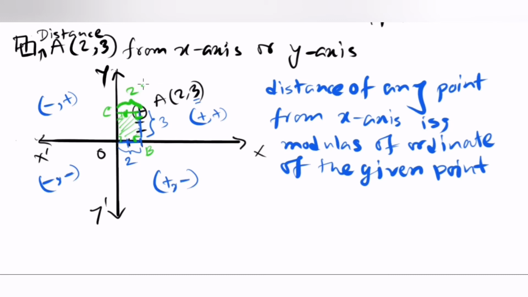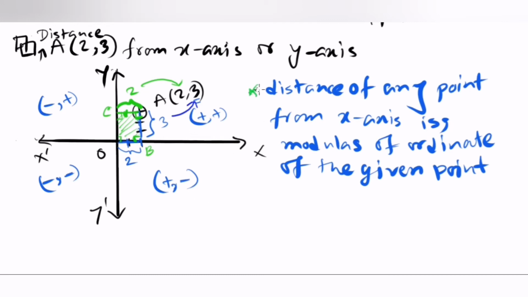And where is 2? 2 is here. So we can say, the same way, the distance of any point from the y-axis is the modulus of the abscissa of that given point. So it's very simple.